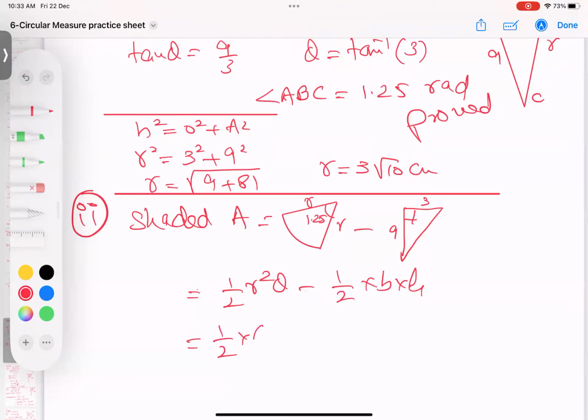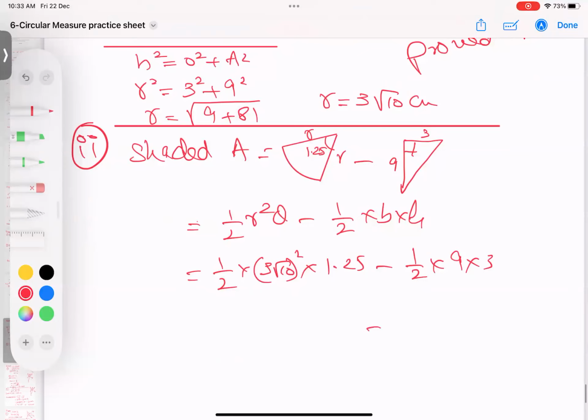Half r squared. What is r squared? R, I just got it, 3 root 10. And theta is 1.25. And half into base into height, 9 into 3. This is so simple. Even this I will type in the calculator. I'm typing, and the answer is coming 56.3.